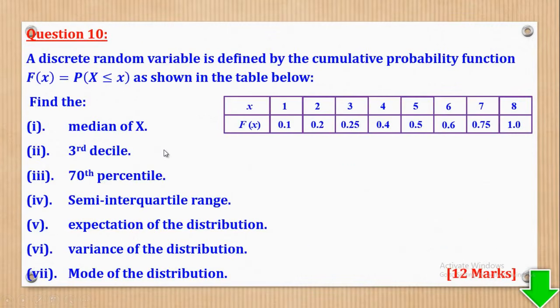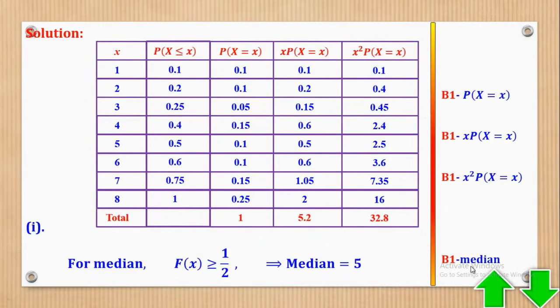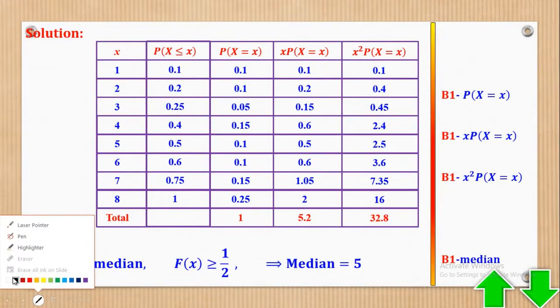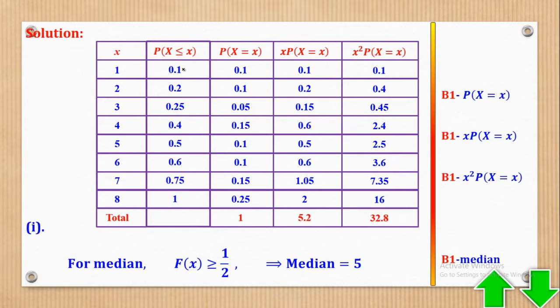Roman 2, they wanted third decile. Now third decile is, remember we said decile is given by n over 10. So third decile means 3 over 10, which is 0.3. So we shall come here and look for 0.3. This one is smaller, this one is smaller, this one is smaller, but this one is bigger, meaning that 0.3 is within this.